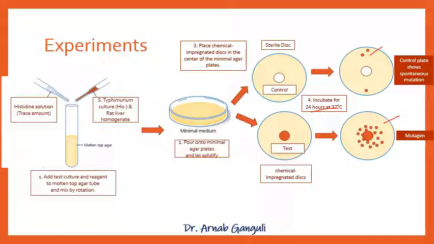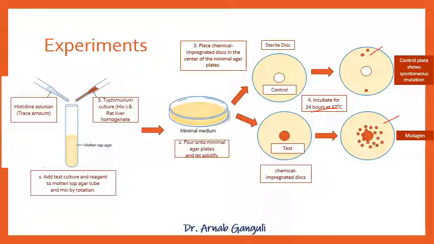The control plate contains colonies that arise maybe due to spontaneous mutation, and if the chemical in the test plates is a mutagen, then the test plates contain a greater number of colonies than the control plates.